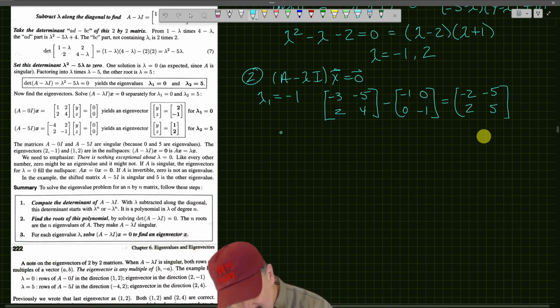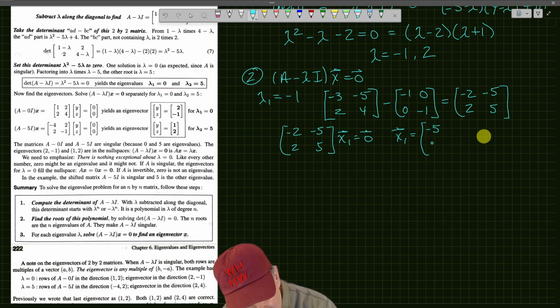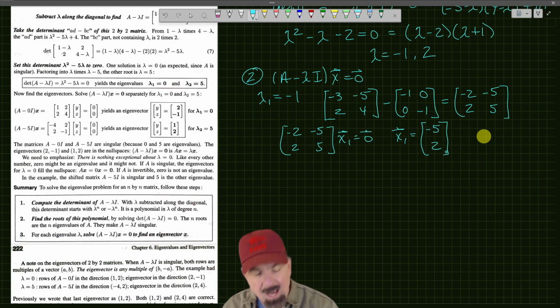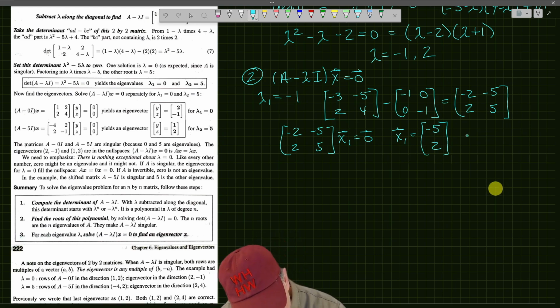What we want is to take -2, -5, 2, 5 and multiply it times an eigenvector to get 0. We can see very easily an eigenvector that works would be something like -5, 2. When we were doing the map program, that's exactly the vector that we put in that gave us a -1 eigenvalue. So we have one eigenvalue-eigenvector pair.